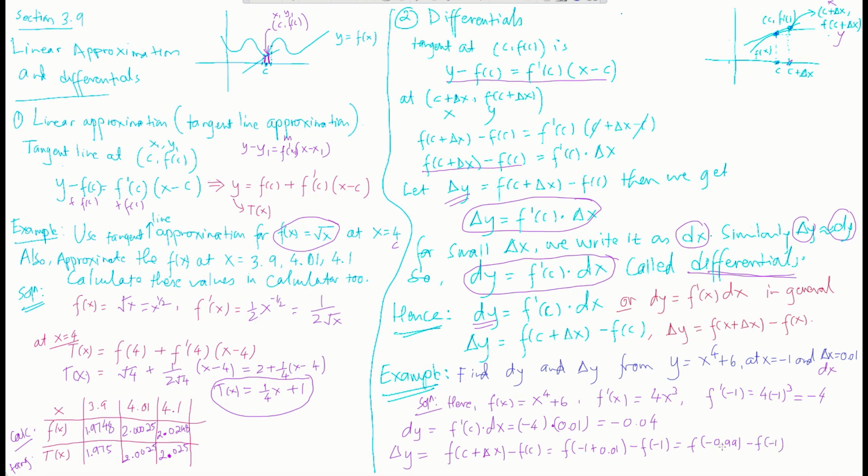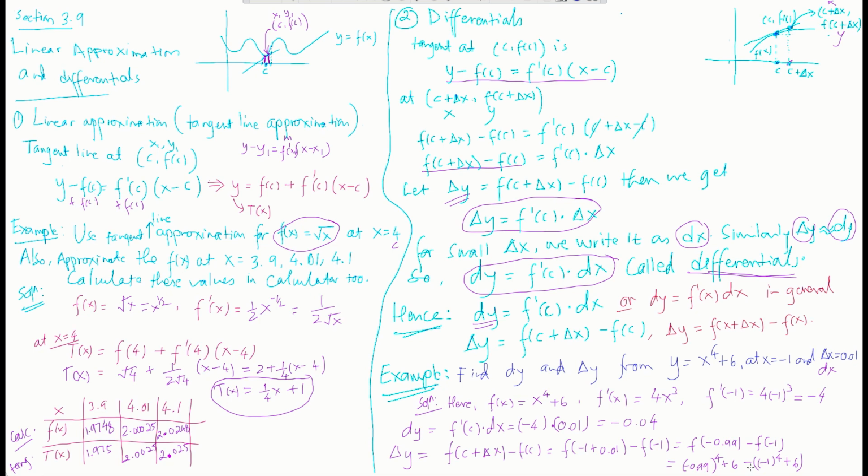So what is f at -0.99? You plug in here, right? So x is -0.99. That will be -0.99 to the 4 plus 6, and then minus f at -1, which will be -1 to the 4 plus 6, right? You do the same thing, just plug in -1.